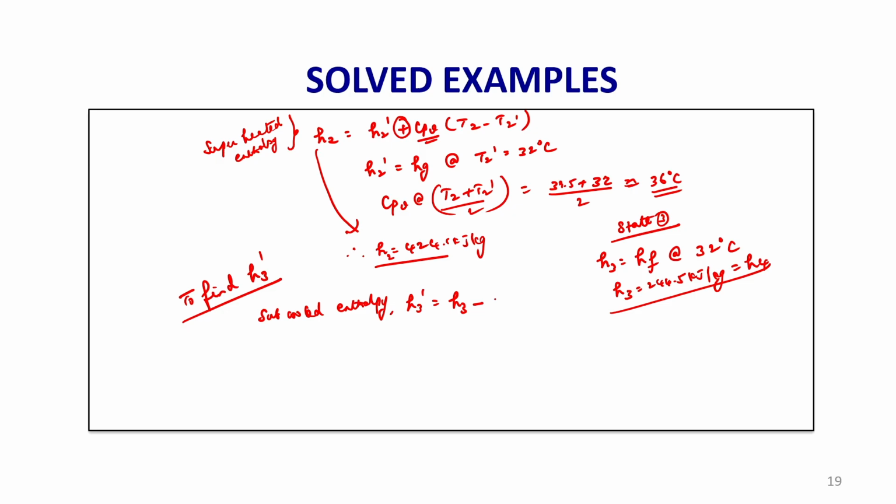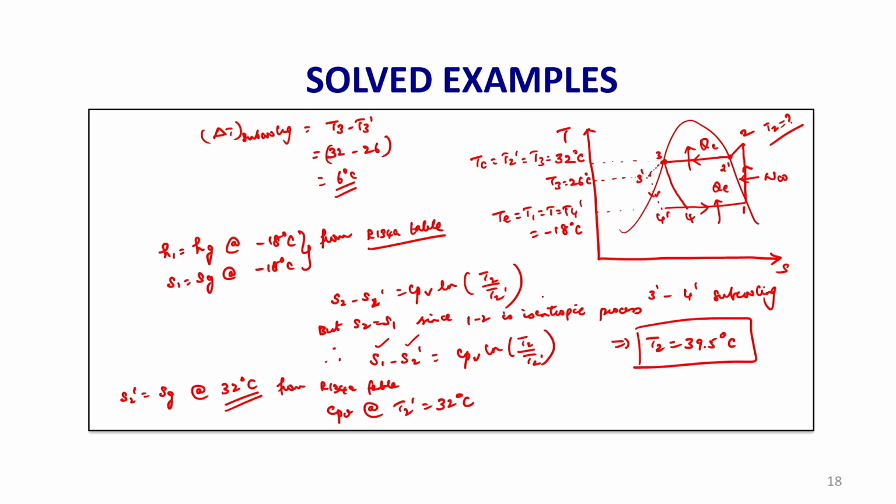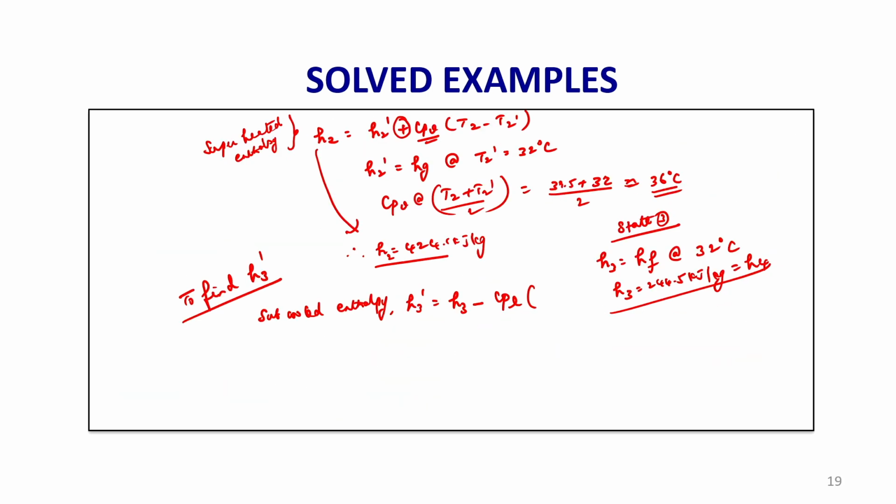If it is subcooled, it means saturated enthalpy minus Cp of liquid into delta T, because it will be liquid. What is the delta T? 3 to 3 dash is the subcooling process: higher temperature minus lower temperature, T3 minus T3 dash. I know T3 is 32, and T3 dash is given in the problem as 26.